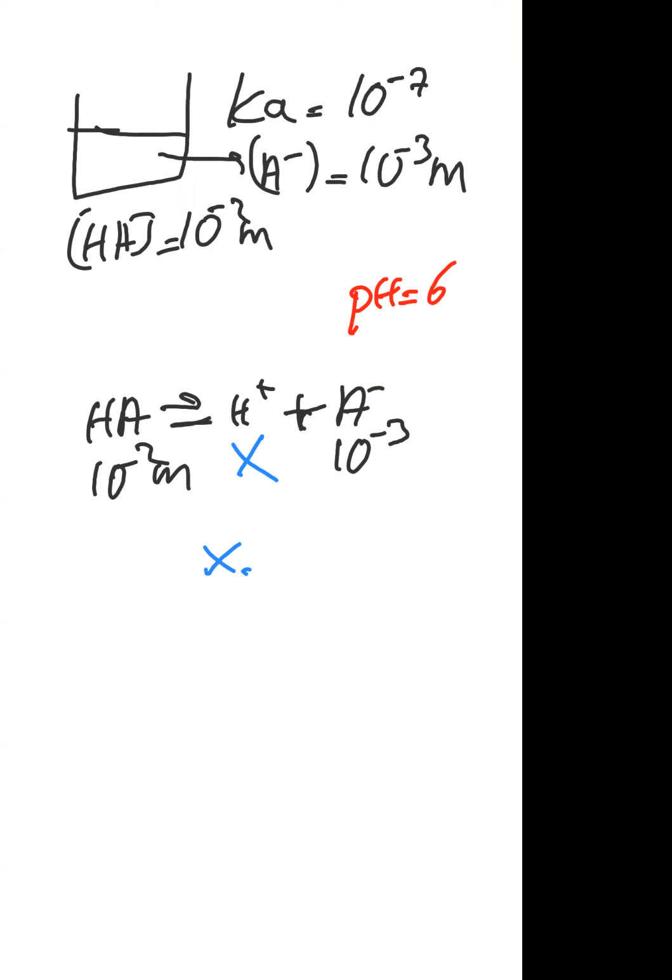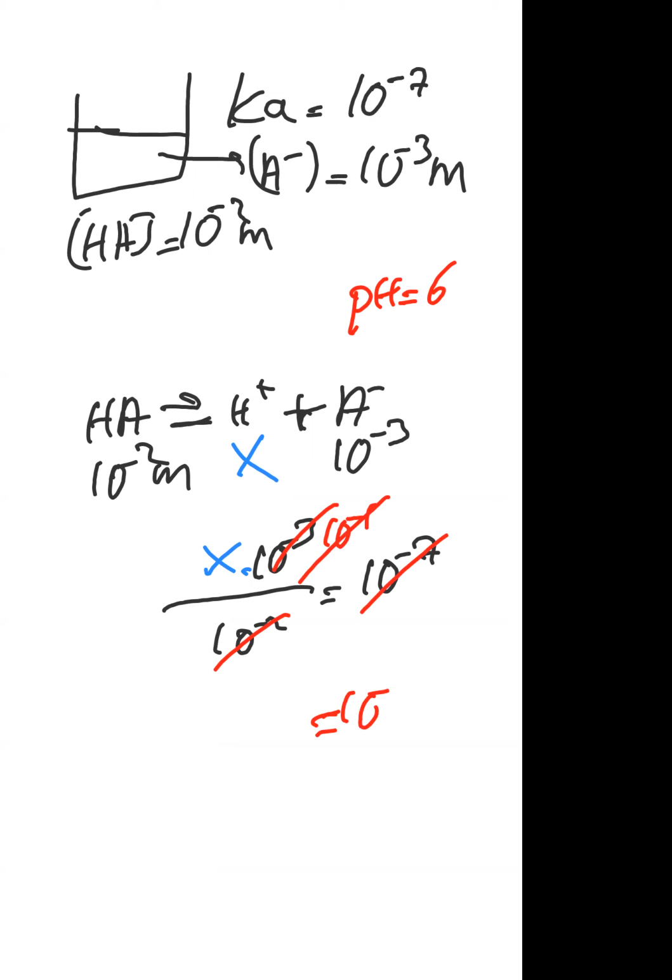X is 10 to minus 3 divided by 10 to minus 2, which should yield 10 to minus 6 after simplification. Okay, you are right, so we have pH of 6 and pOH of 8.